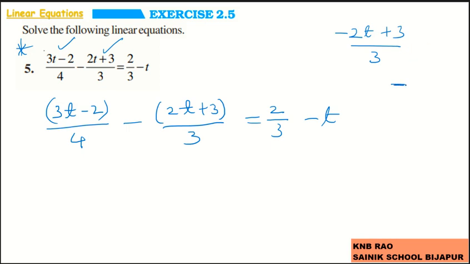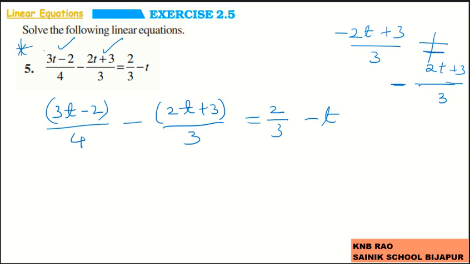and minus, here minus is there, just beside the upon (2t plus 3) by 3. These two are not one and the same. They are not the same.